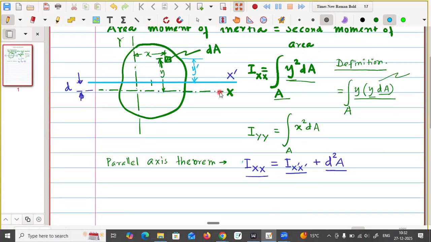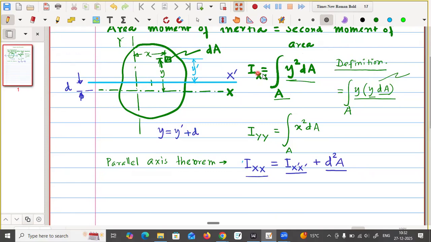Therefore, you can write that y is equal to y prime plus d.